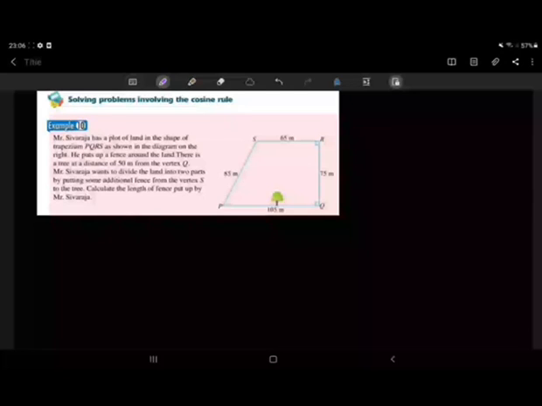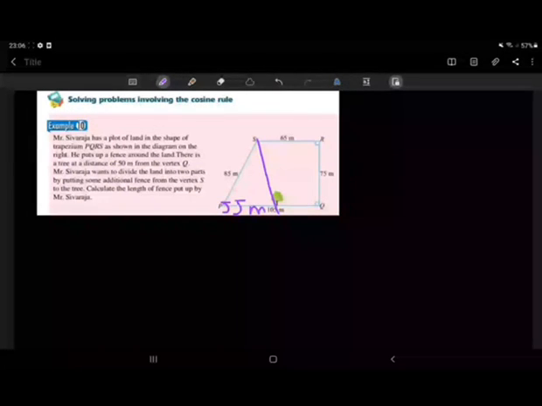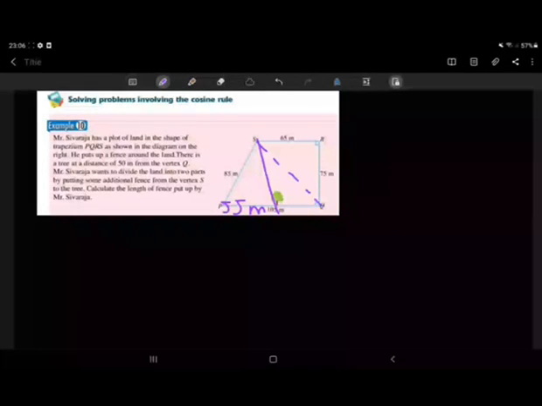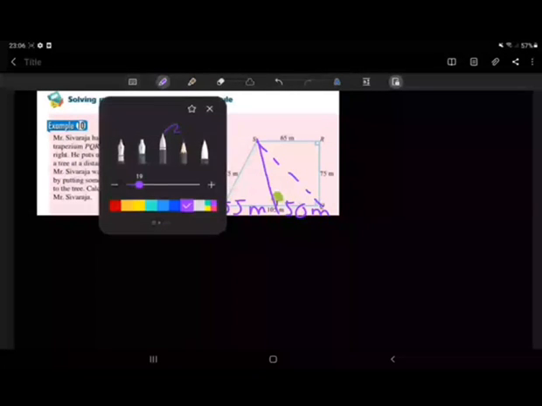So the first step is we need to draw a line from S to the R. And the distance from P to the R is 55 meters. And also we need to draw a line from S to the Q. The distance from R to the Q is 50 meter.